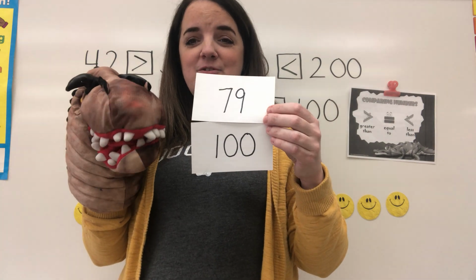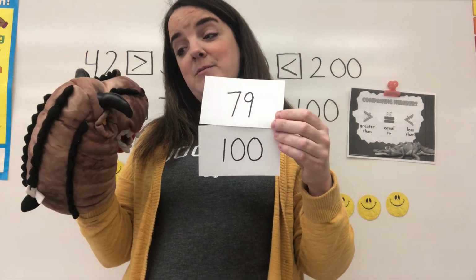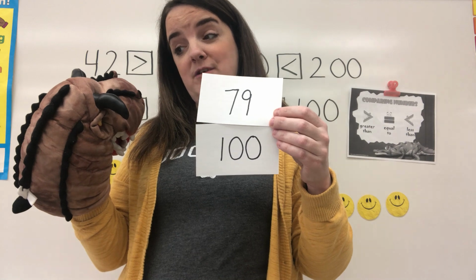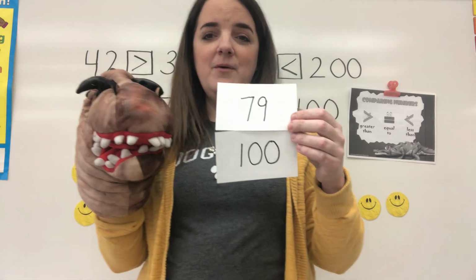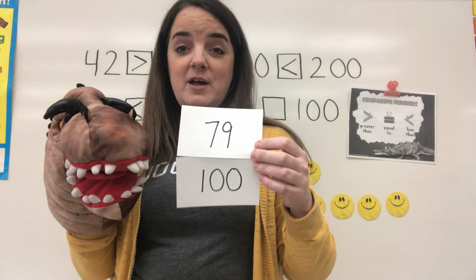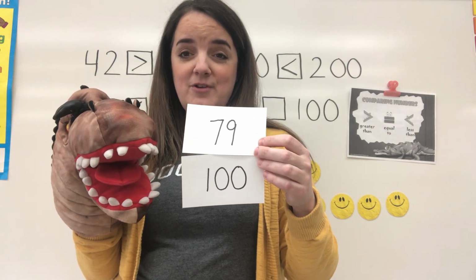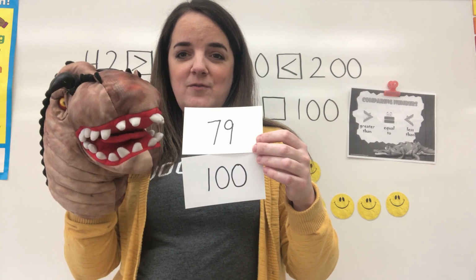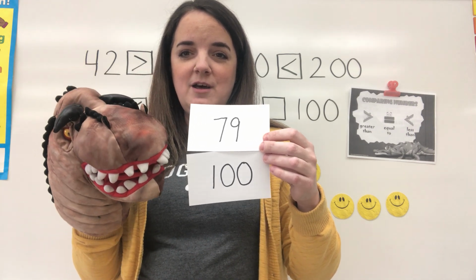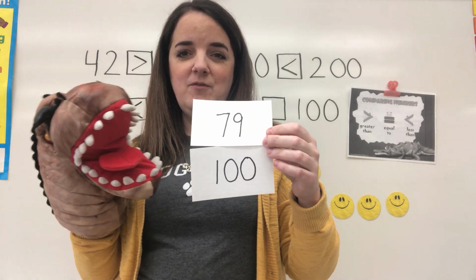You ready, Mr. Dinosaur? Now, you've eaten a lot of numbers. Do you still have room in your tummy for more numbers? Oh, yeah, he does. Okay, here we go. 79 and 100. Ready? And go. Is he going to go for 79 or 100? I wonder. And he's going for 100.